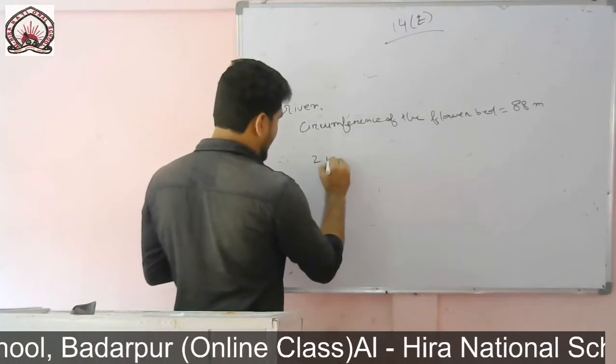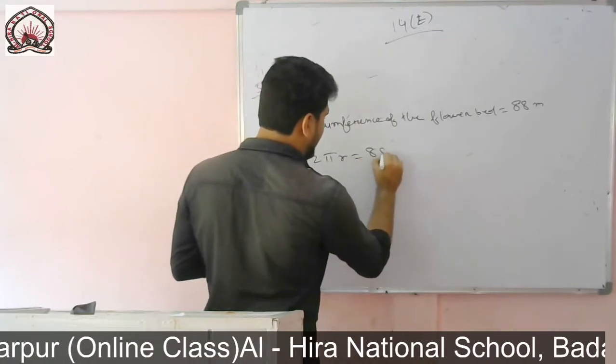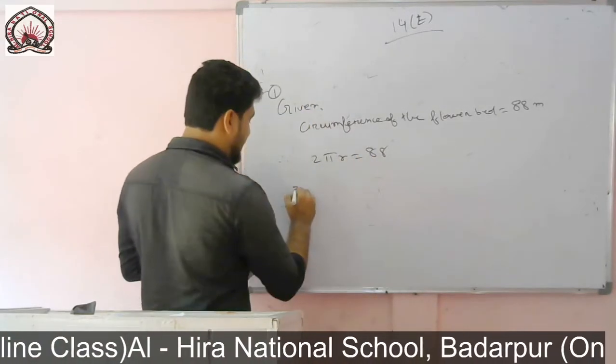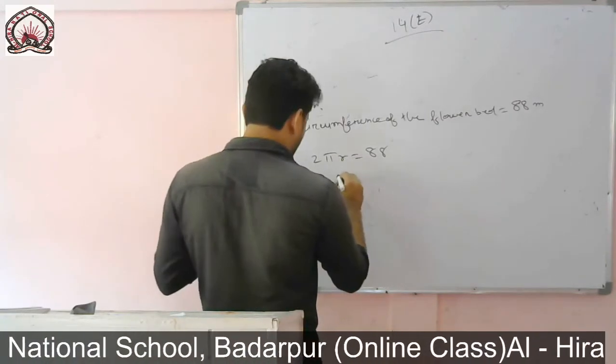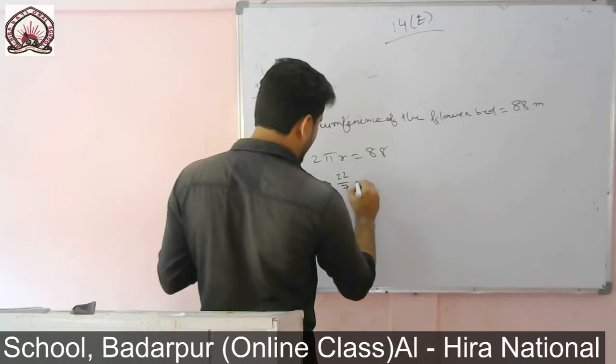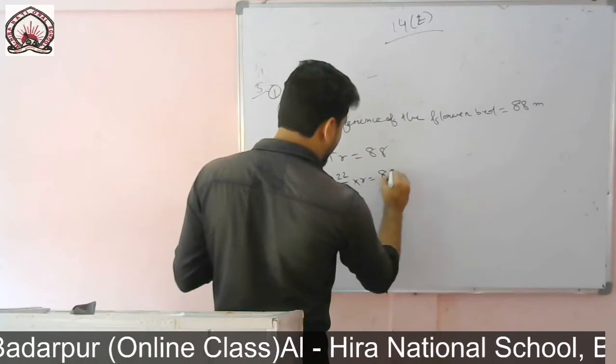Therefore 2 pi r equals 88. So I can write 2 into 22/7 into r equals 88.